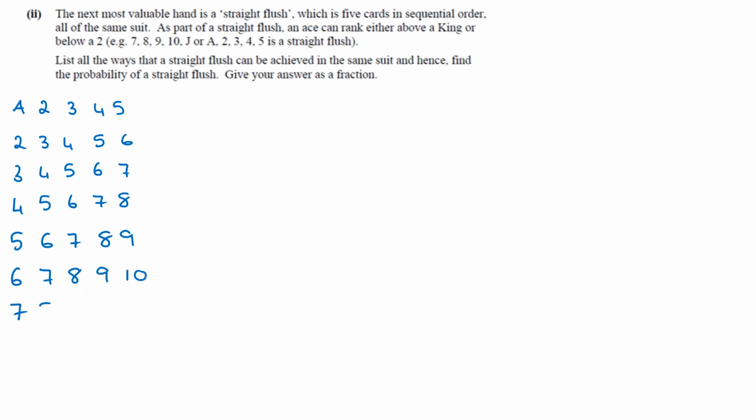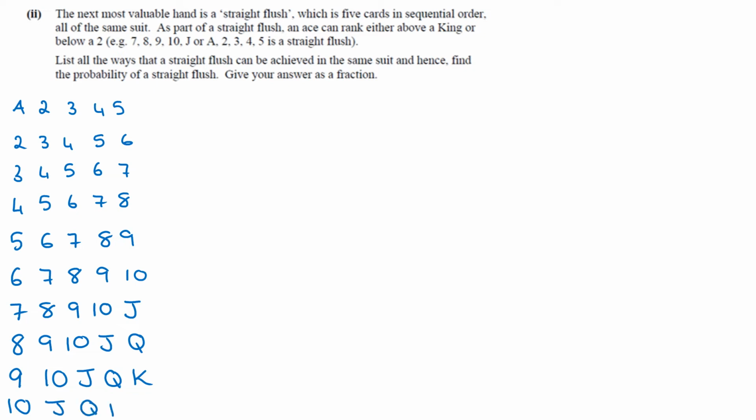Could get a 7, an 8, a 9, a 10, and a jack. Could get an 8, a 9, a 10, a jack, and a queen. Could get a 9, a 10, a jack, a queen, and a king. And just be careful, 10, jack, queen, king, ace is actually not one, because this is actually a royal flush that we dealt with on the last question.